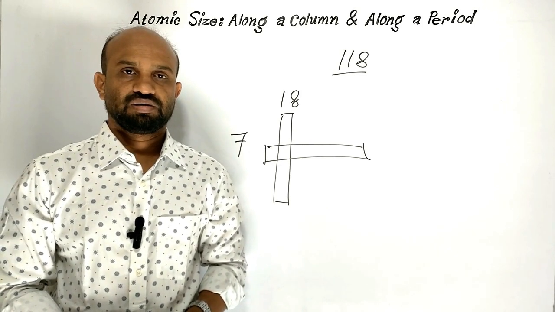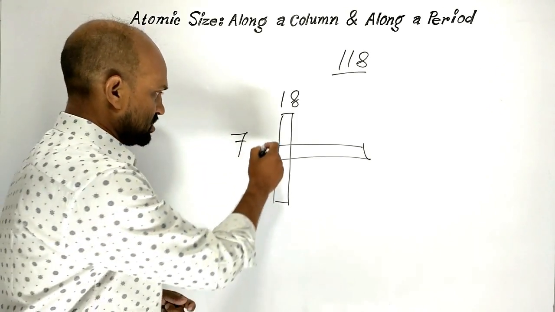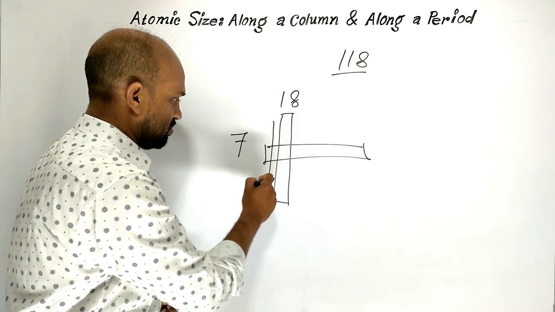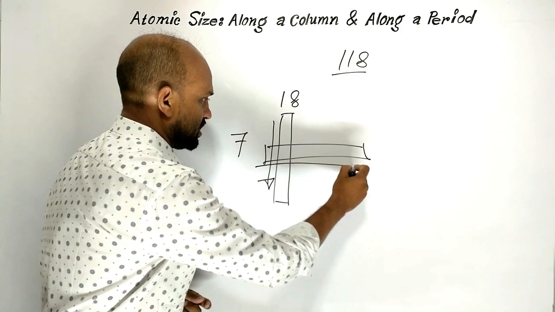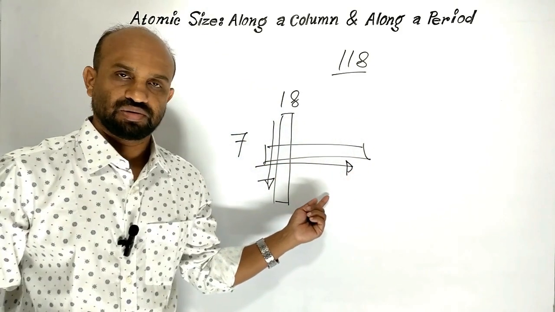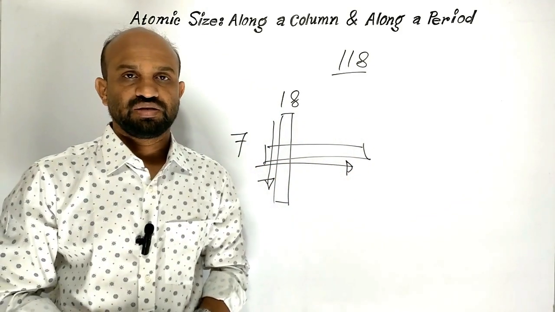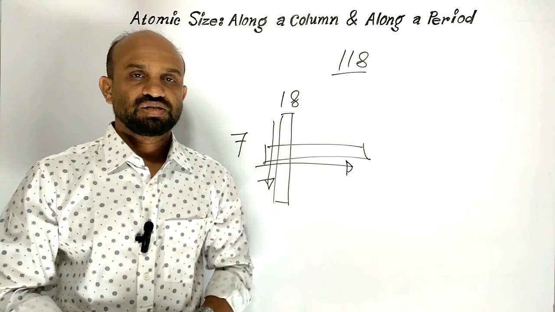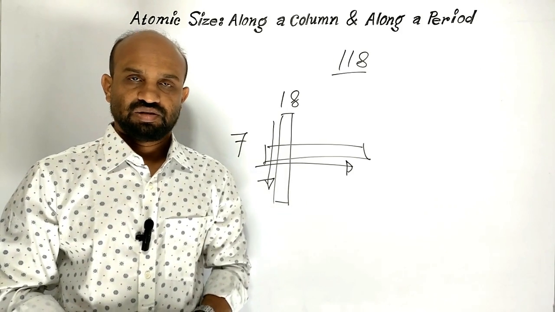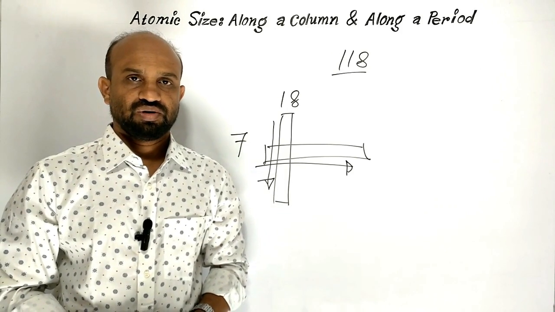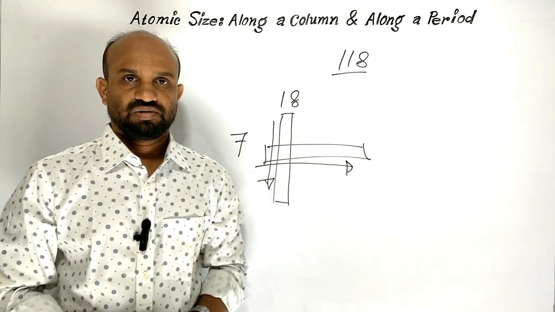Atomic sizes change along a column and along a period. What is the fashion of change and what is the reason behind this? This is today's lesson. So let's go to the detail.